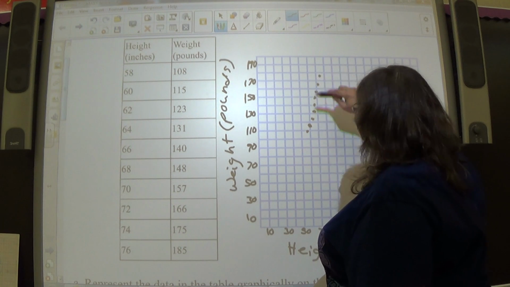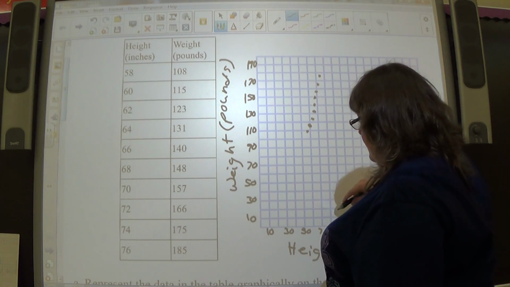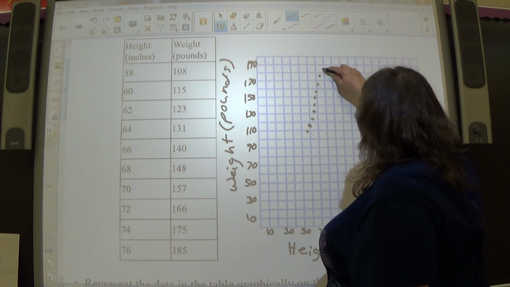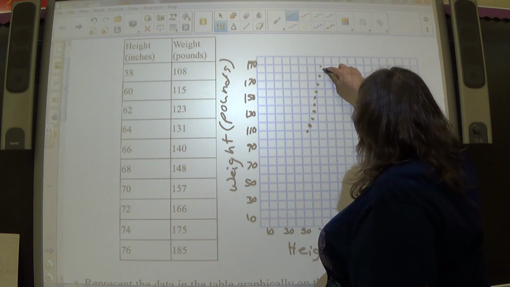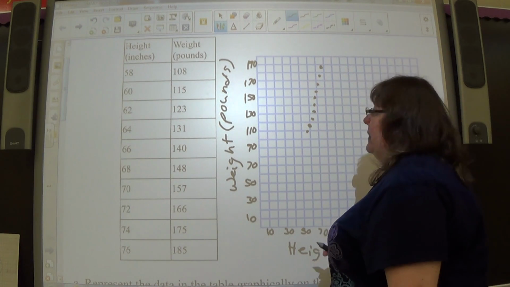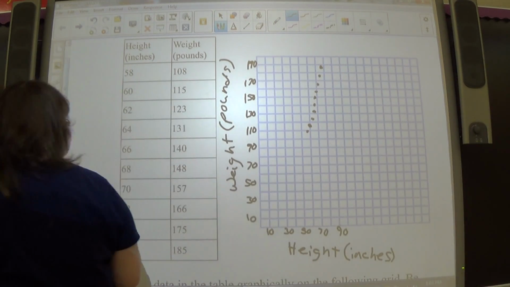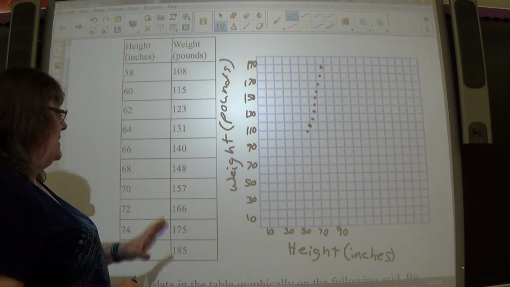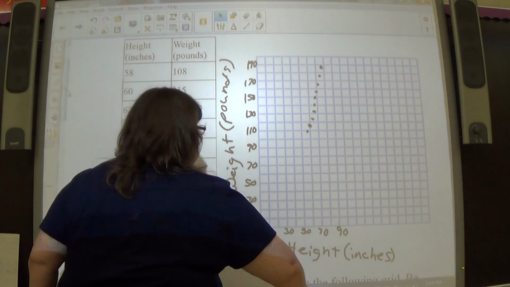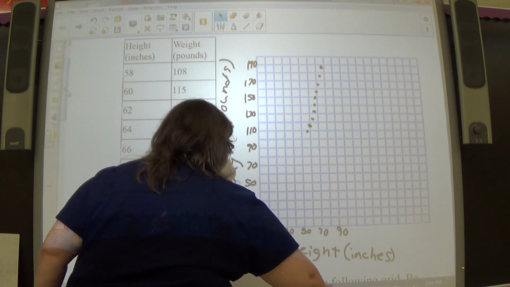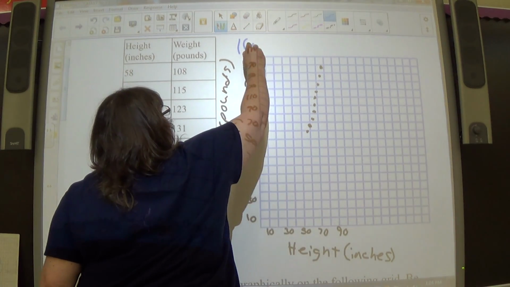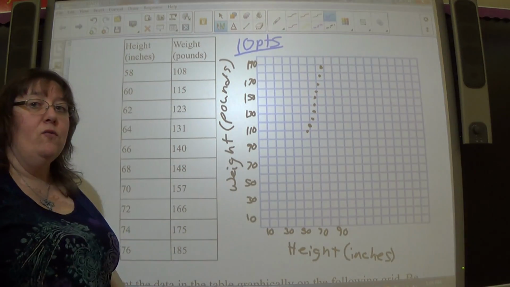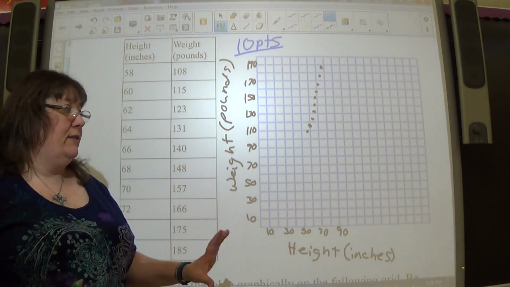About there. And my last one, 76 and 185. Right about here. Okay? So there's my graph. All right? So that's taken care of. This graph was worth 10 points. Okay? So the graph itself was the most point values on the quiz.